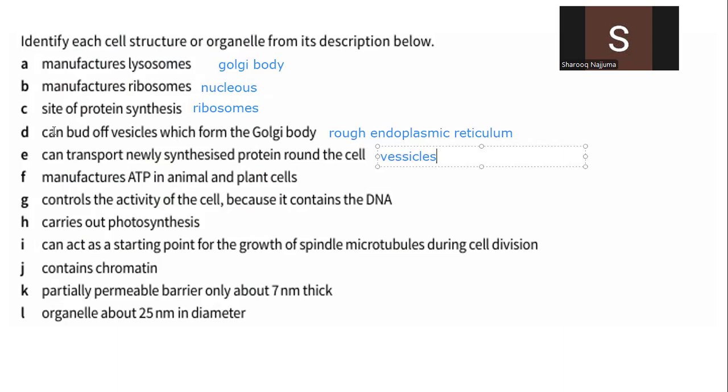Okay. Next, they are telling us which organelle manufactures ATP in animal and plant cells. Nice, that's mitochondria, or mitochondrion in singular.